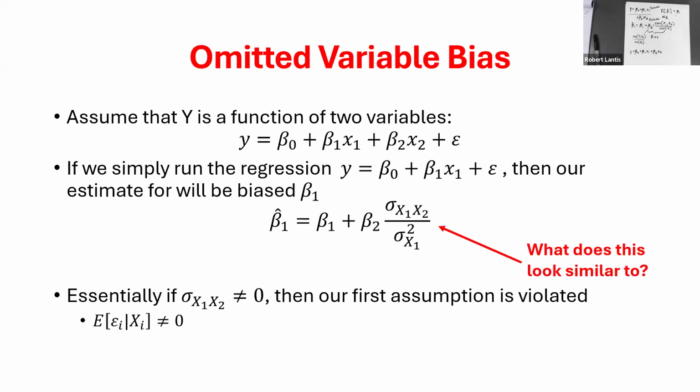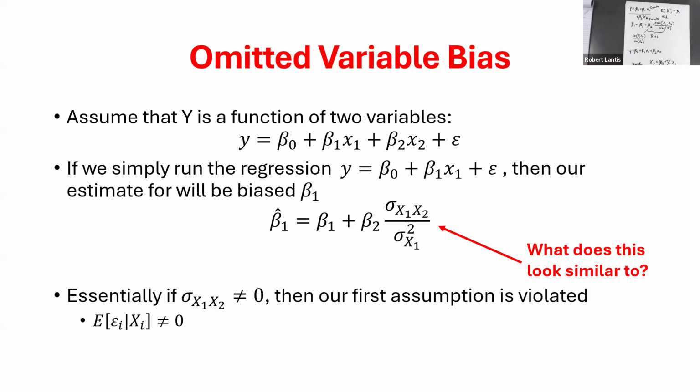Now, what does this look like? We talked about this, and I alluded to it a little bit, but actually, we've got it up here, right? If I were to run this regression where I took that omitted variable, and I'm going to call this gamma, just so we have a slightly different notation here.